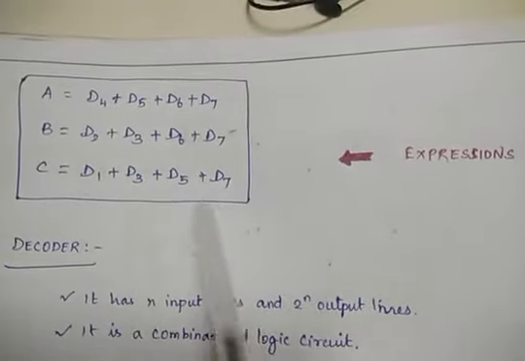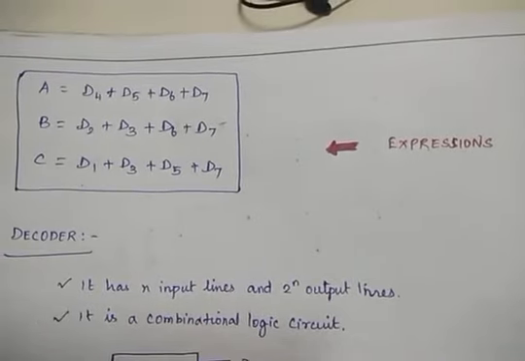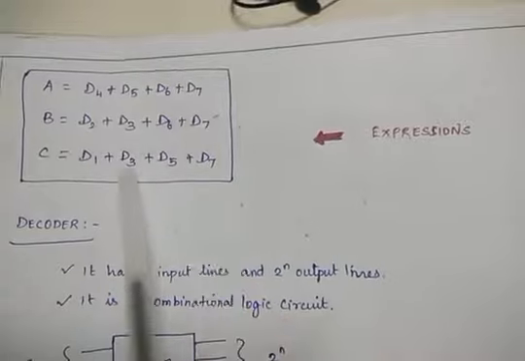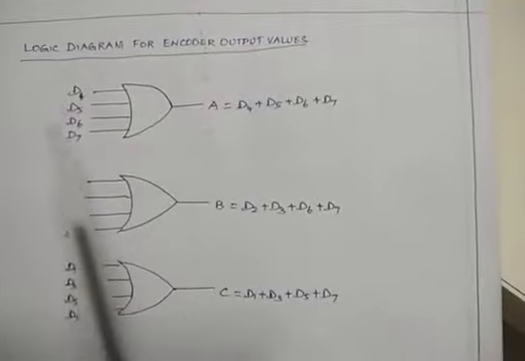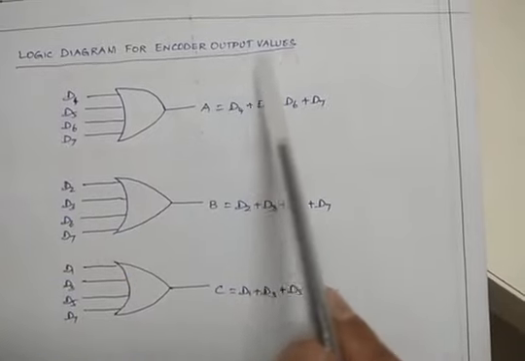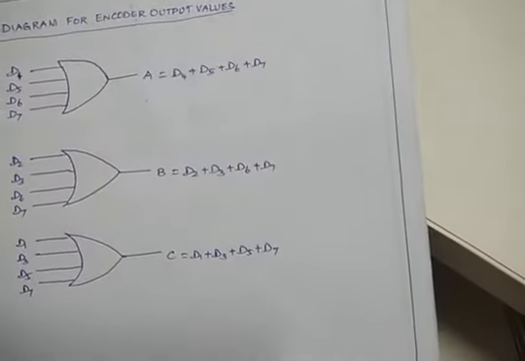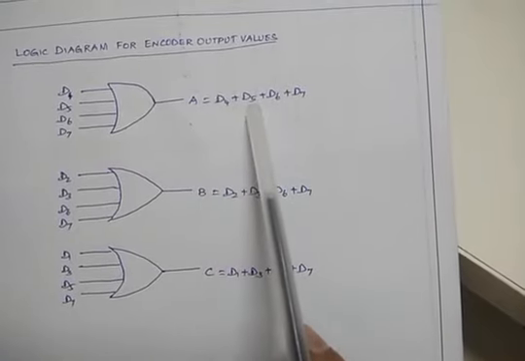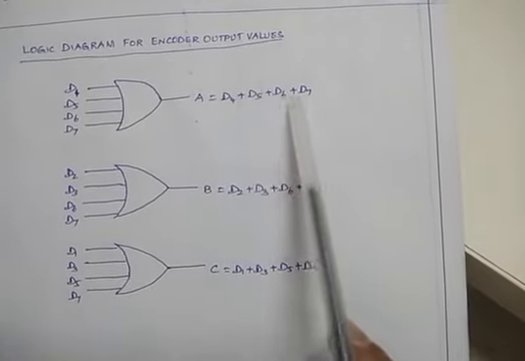So this is the expression of the encoder. From these expressions we can draw the logical diagram. I'll show you the logical diagram for the encoder 8x3. See, A equals D4 plus D5 plus D6 plus D7.